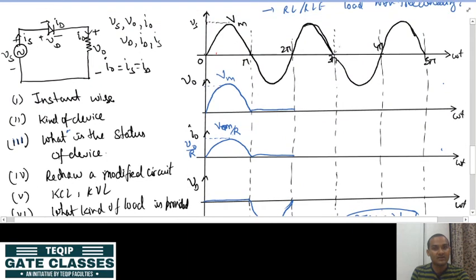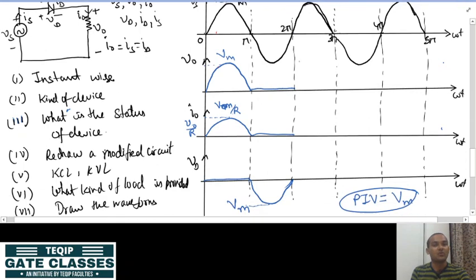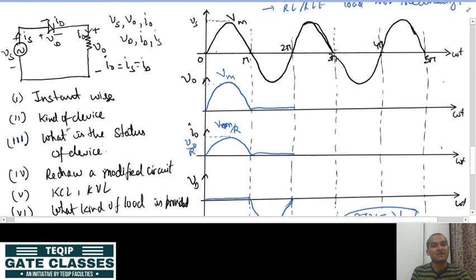Now, moving to the next instant, please note one thing: when you analyze a power electronic circuit, please analyze for at least 2 cycles. Do not just leave it for 1 cycle, please analyze it up to at least 2 cycles. So, now going to another instant, that is 2 pi to 3 pi. Again the voltage is positive, and when the voltage is positive, the diode is forward biased.